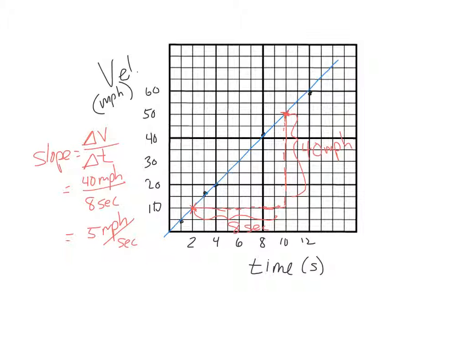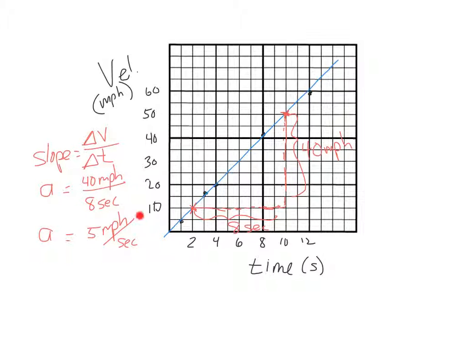Now, the next question on this worksheet was, what does that mean? What does this slope represent? And I hope you are remembering that this slope, the change in velocity over change in time, anytime your velocity is changing, we call that something. I hope you're thinking the word I'm thinking. It is acceleration. So remember, the slope of this graph is the acceleration.